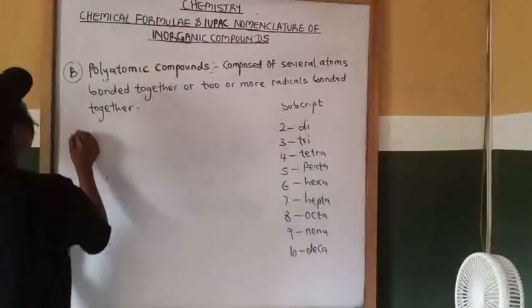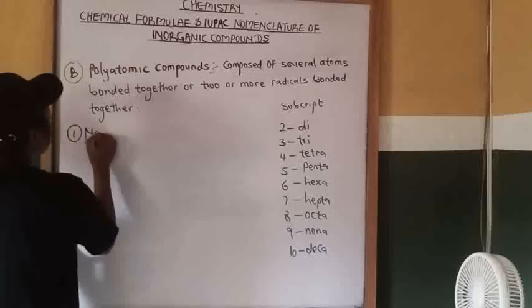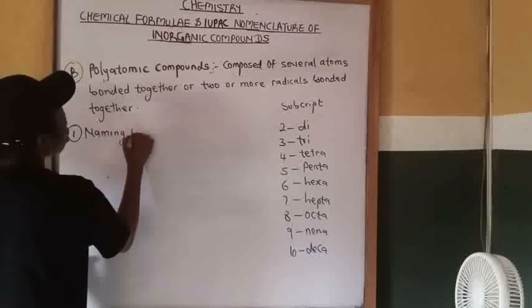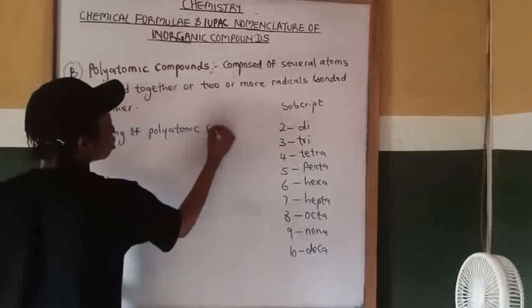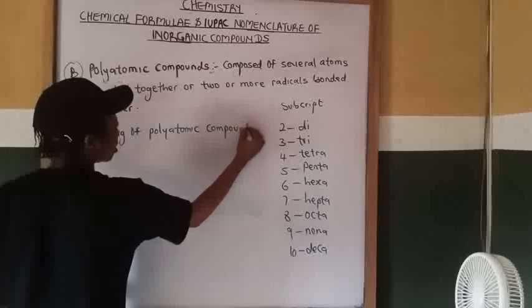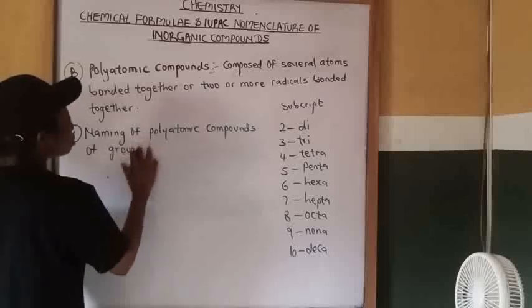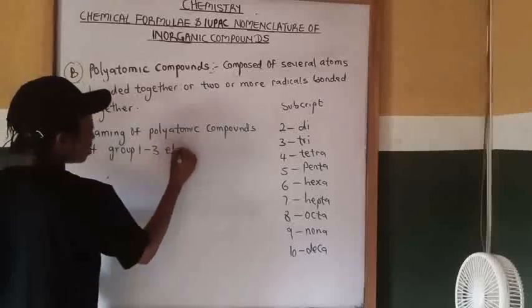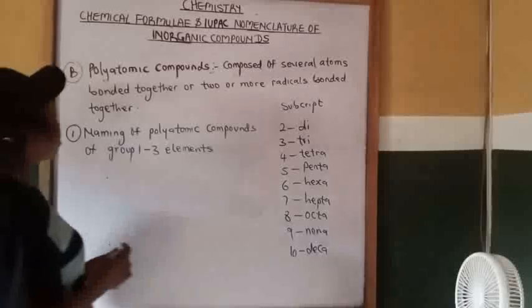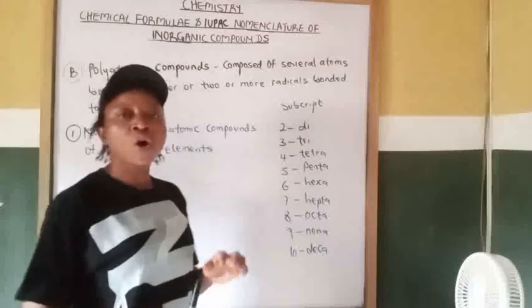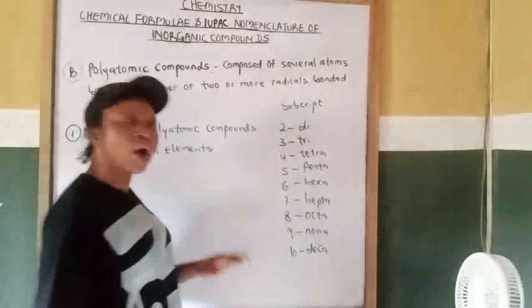So when your polyatomic compound consists of a group 1 element, how can we name that?